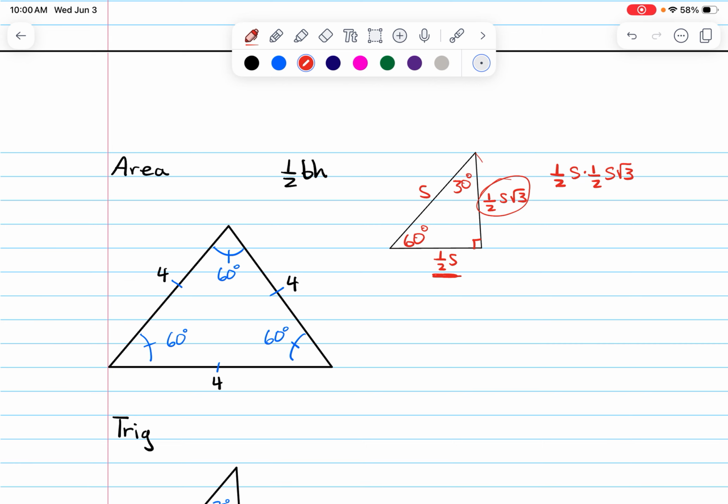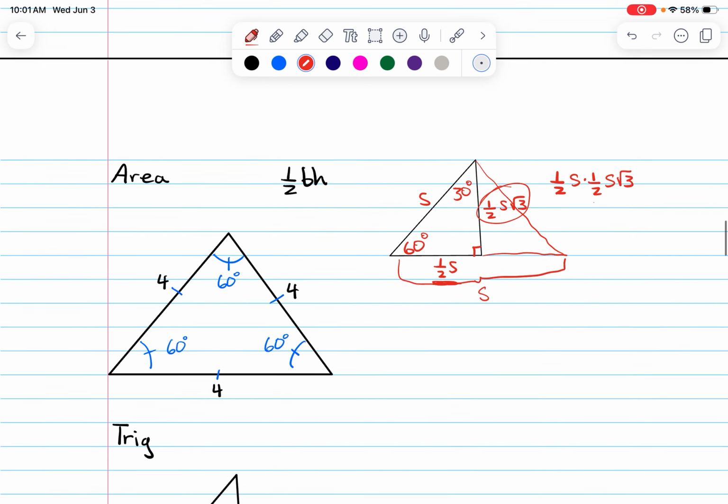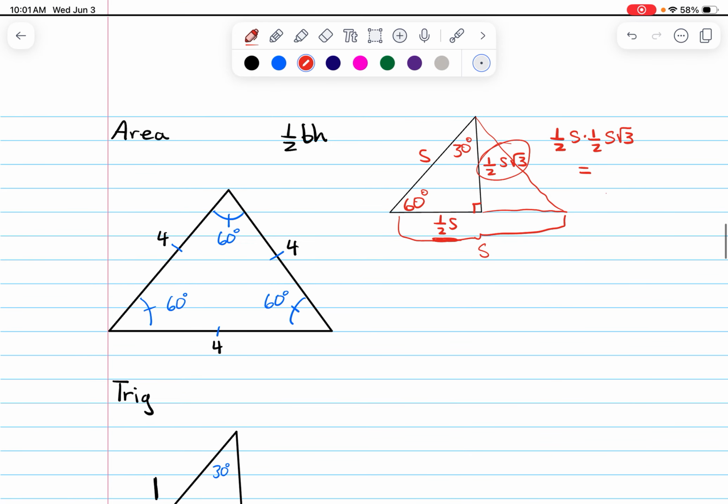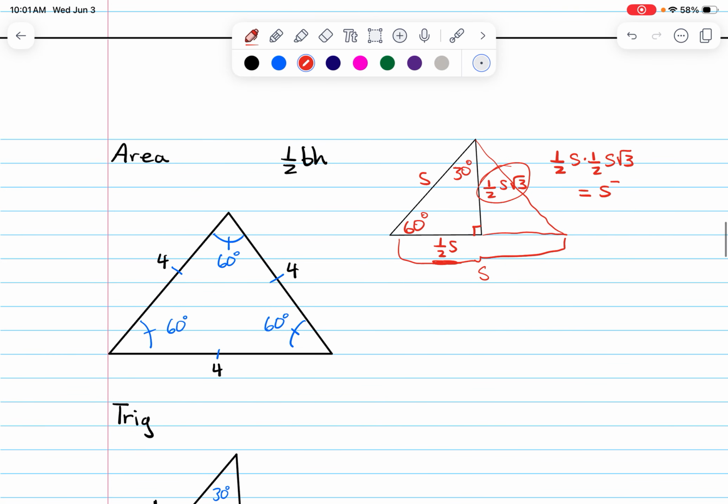So I'm thinking this triangle extends on out, and this whole thing here is s. So this is s squared times the square root of 3 over 4. So it looks like it's the square root of 3 over 4 times s squared.